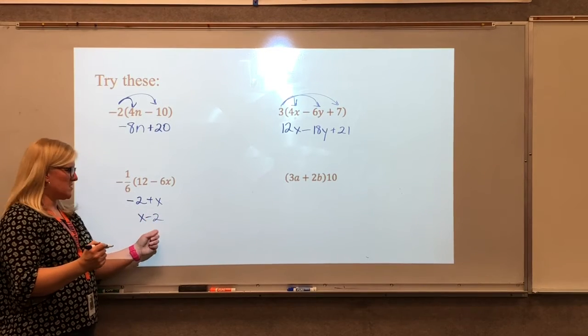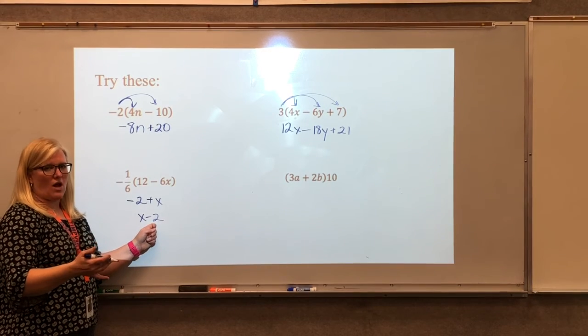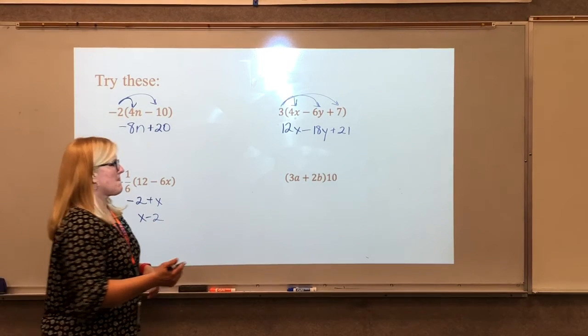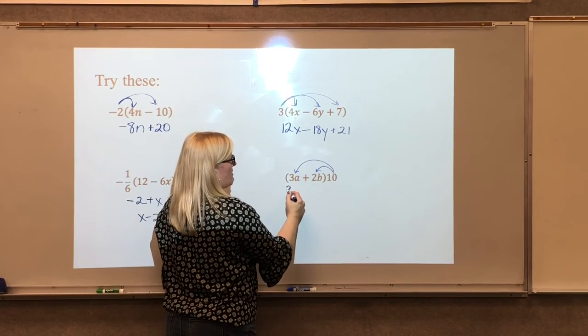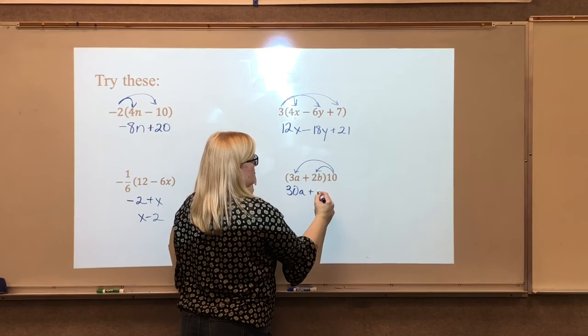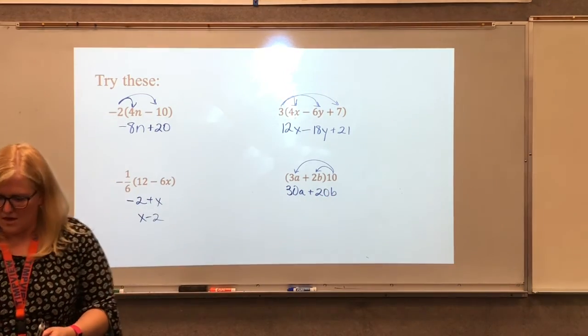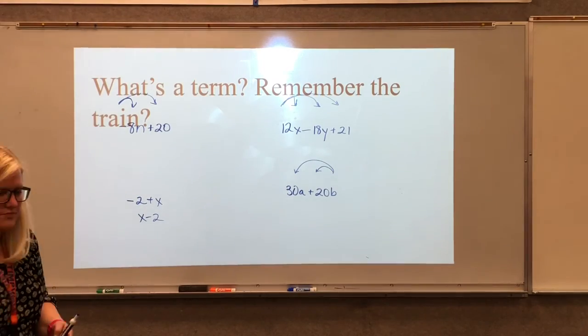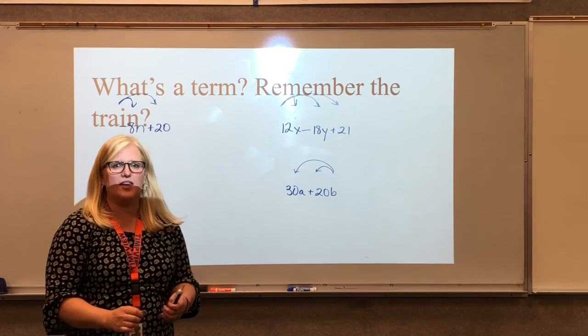Either one is correct, but sometimes they have you put it in like this, just in case you do it and you get it wrong. Try switching it around. And then this one, we've got 30a plus 20b. Okay, I'm going to stop there and we'll go on in the next video.